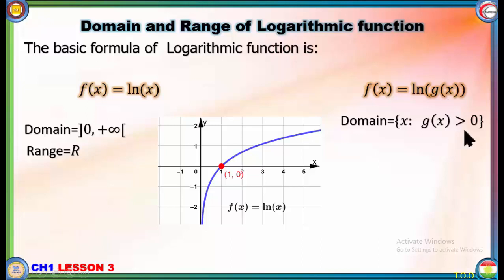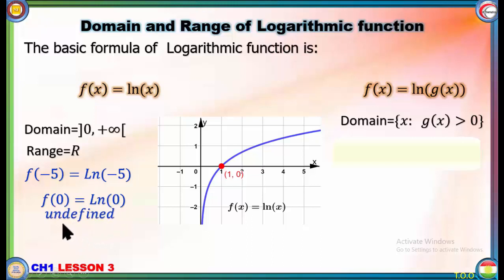So f(x) equals ln of g(x), with all real numbers x when g(x) is bigger than 0. As we take f of minus 5 equals ln of minus 5, and f of 0 equals ln of 0, they are undefined. But f of 1 is ln of 1, which equals 0.